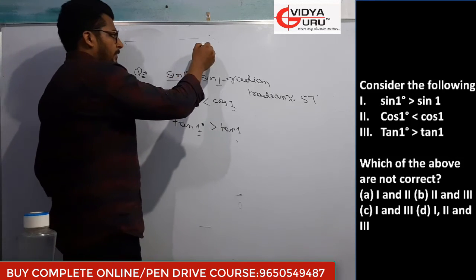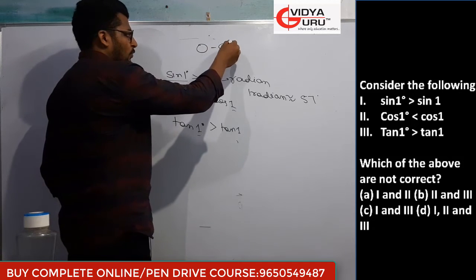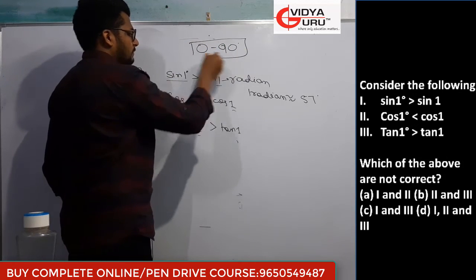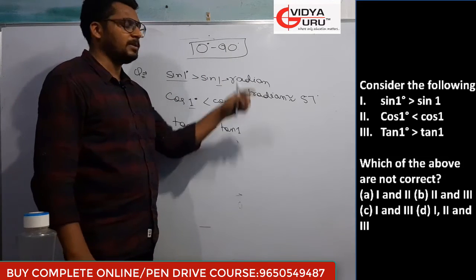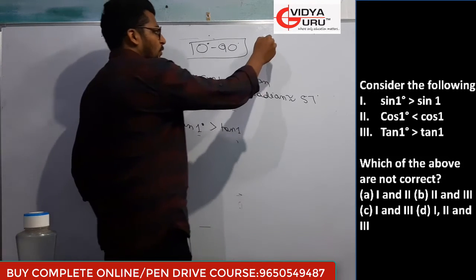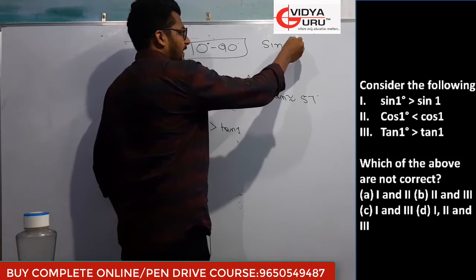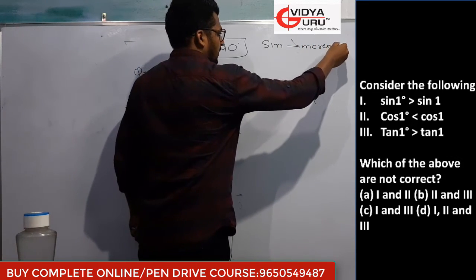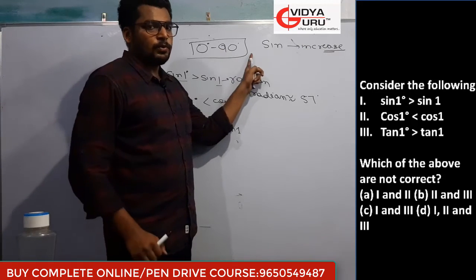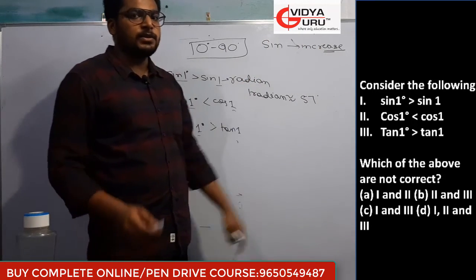See, between 0 to 90, because 1 degree is between 0 to 90 and 57 is between 0 to 90, sin value increases. You can check from the table.